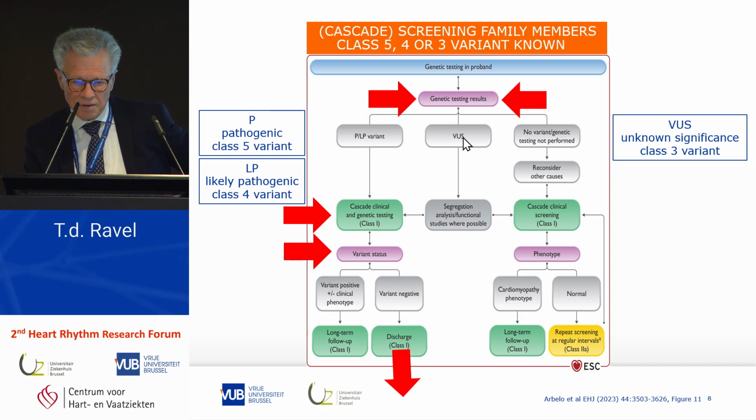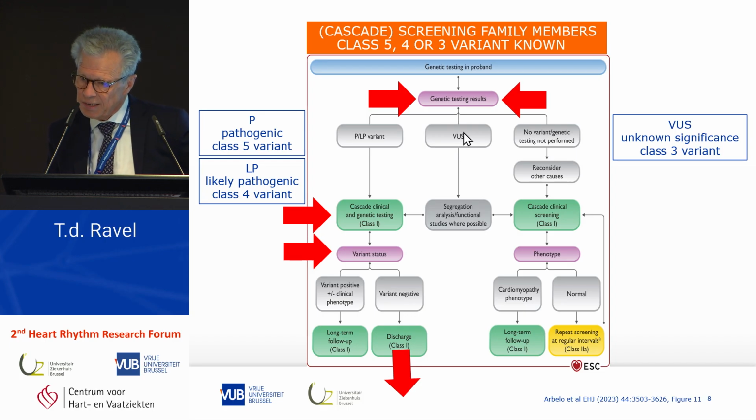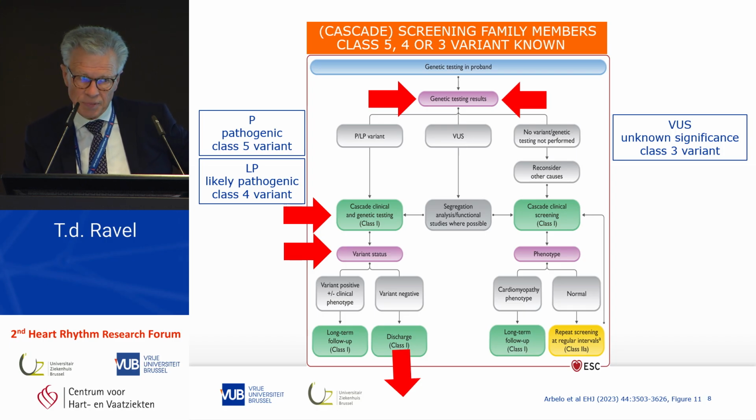If we have a class 3, which is an unknown significance, but one that we think could really probably be more important, we do what we call segregation analysis. We try and look both in a cardiology aspect, but from the genetic aspect as well, see who are carrying and who are not carrying the variant, and does it match with the clinical pictures in the family. So this also goes down a regular whole process.